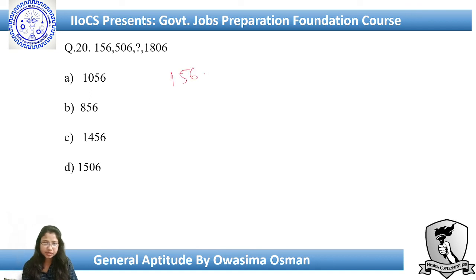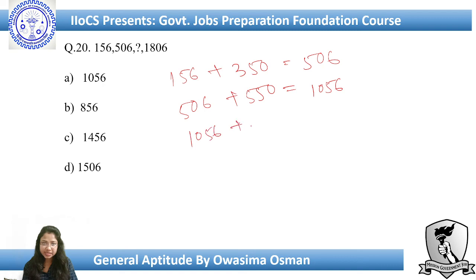So if we do 156 plus 350, we will get 506, and if we do 506 plus 550, we will get 1056. If we do 1056 plus 750, we will get 1806.